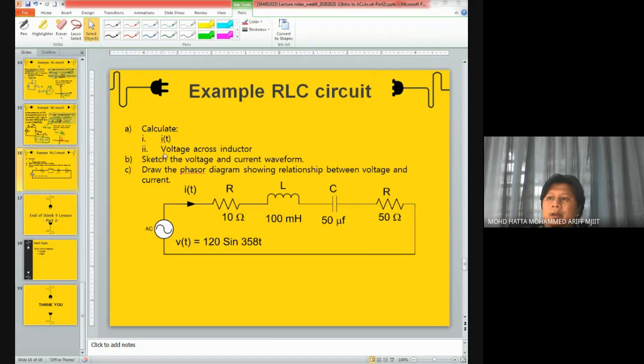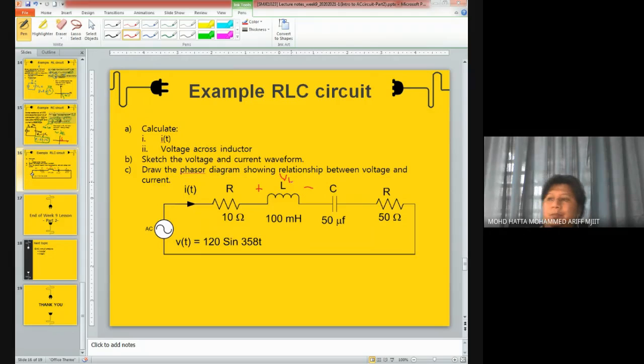And for the second part of section A, point number 2, you need to calculate the voltage across the inductor. That means you need to calculate the voltage over here, the voltage drop over here.